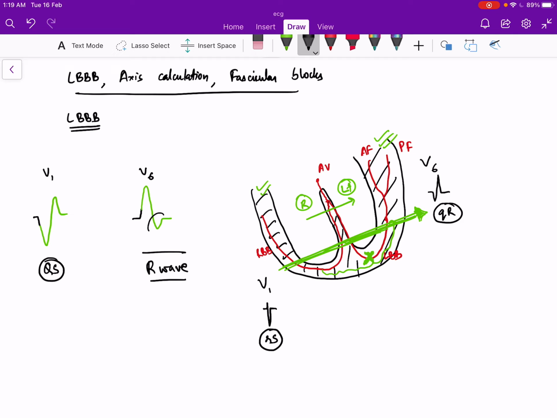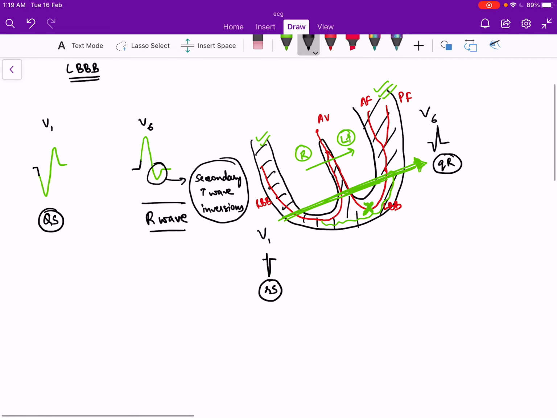Here we have to see that these T wave inversions are secondary T wave inversions. These are not the primary T wave inversions which are seen in a case of MI.